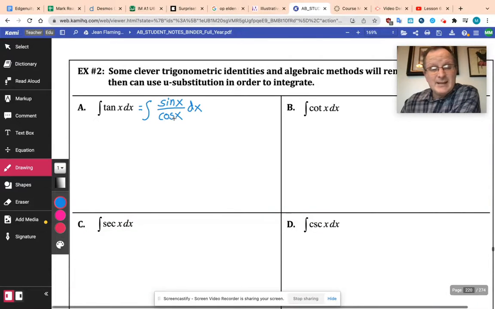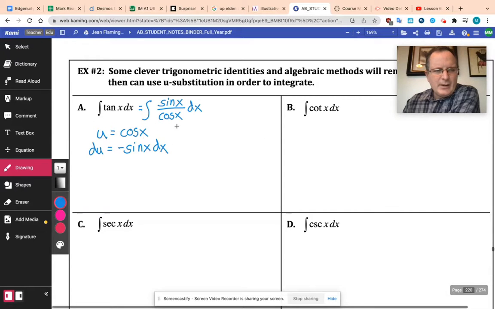Okay, and that is super close. So let's say I call u cosine x. Let's say that's what we think it is. And then that means that du would be negative sine x dx, which I just about have.